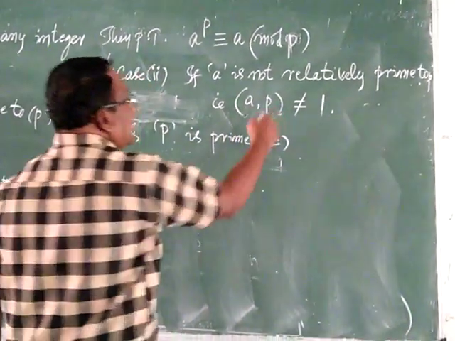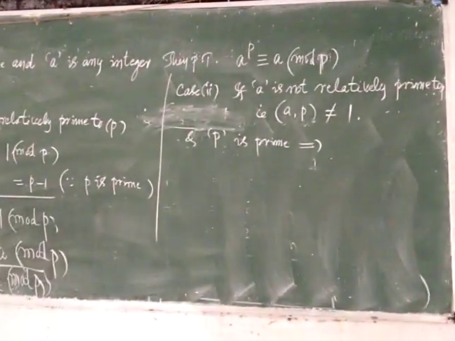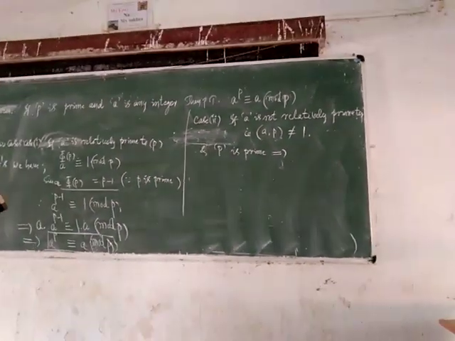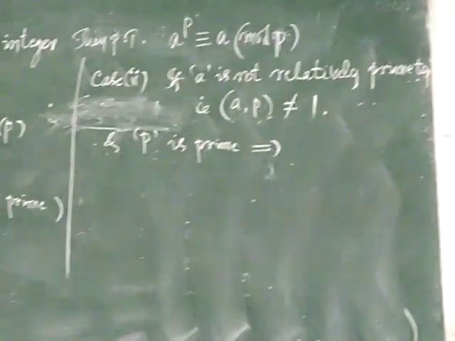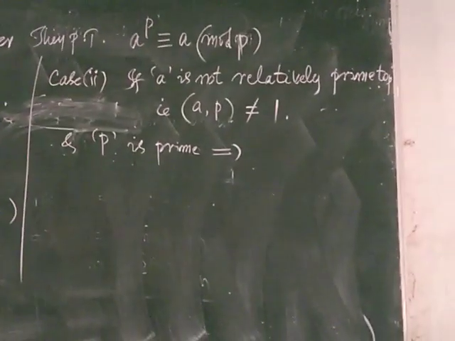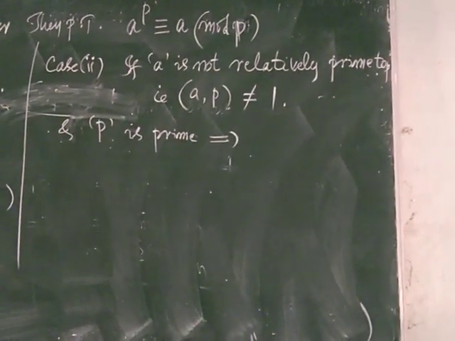Yes, A and P are not relatively prime. I mean the greatest common divisor between A and P is not equal to 1 and P is prime.